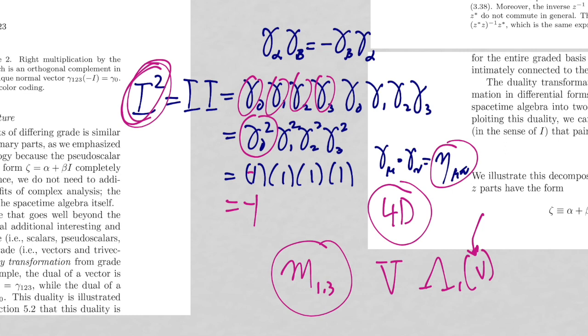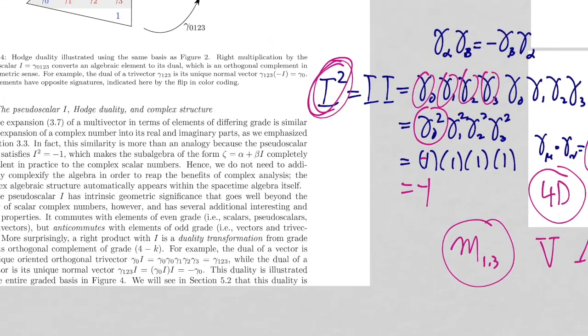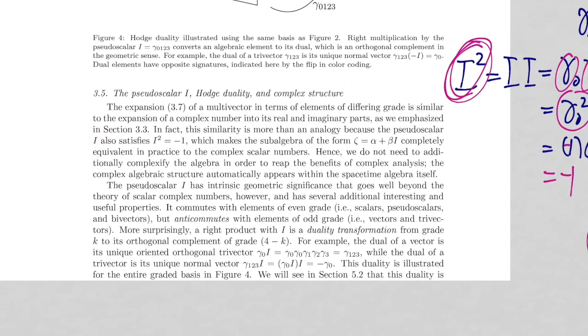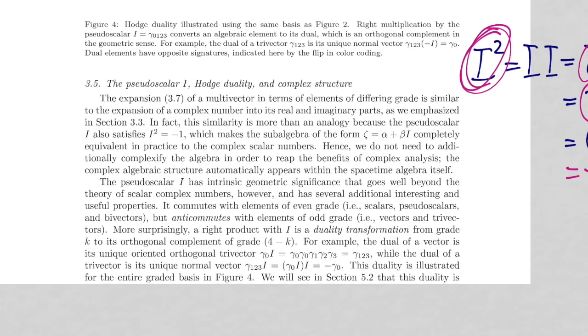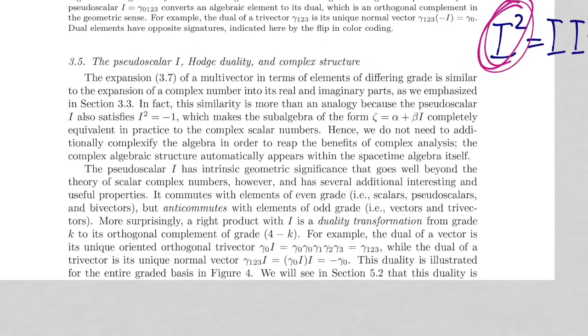So if everything's Euclidean, it really depends on the dimensionality of your fundamental vector space. But if everything's not Euclidean, it depends on the dimensionality of the fundamental vector space and the nature of the metric. So just keep that in mind. It's not always true that the pseudoscalar squared is minus 1 for every geometric algebra out there.